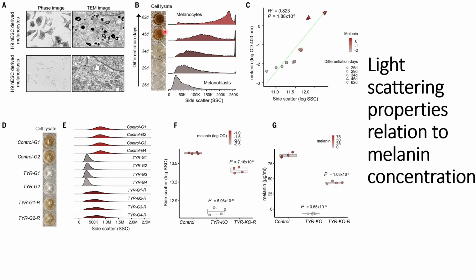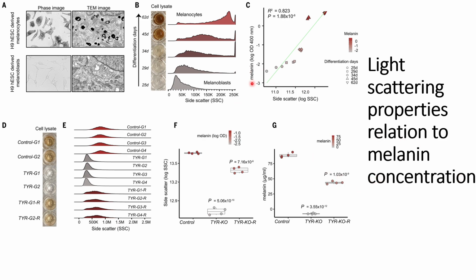These results are also in line with the phase images and TEM images of the differentiated cells. So from this they made a hypothesis that the side scattering properties of the cells could indicate the melanin concentration.